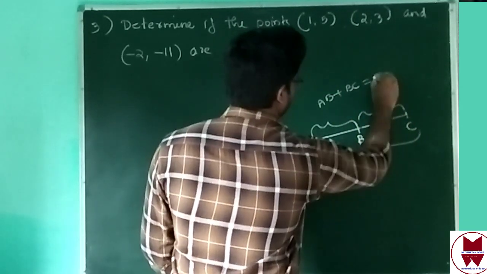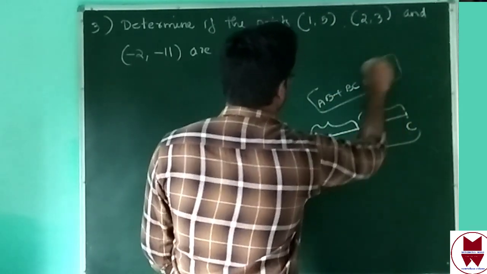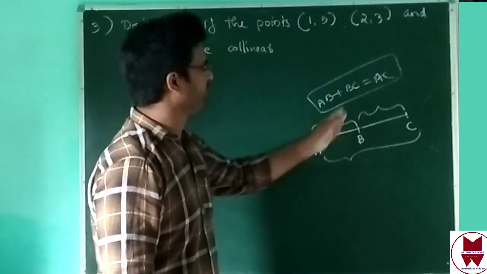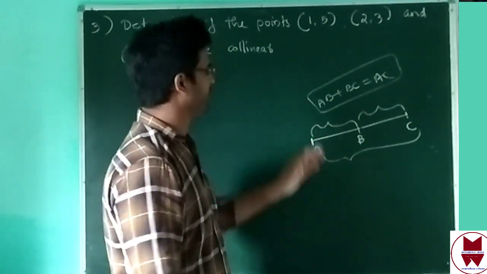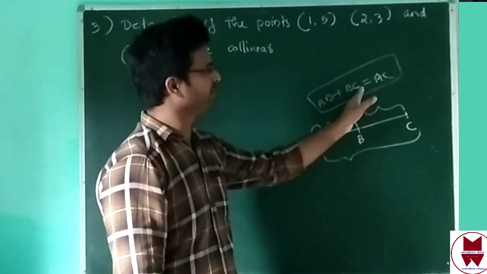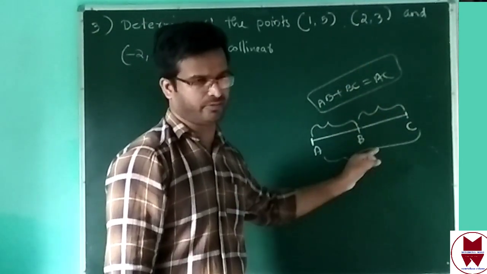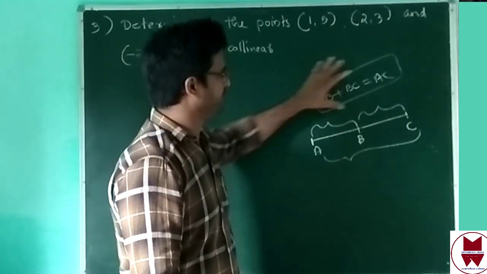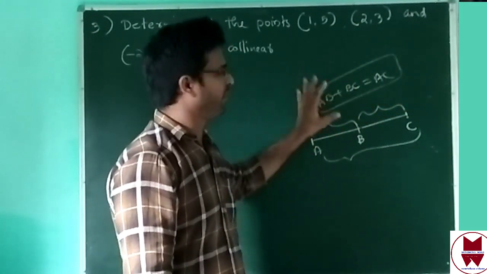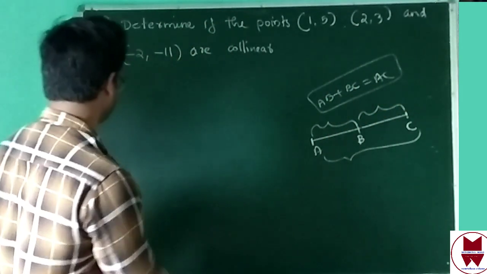You will get the total length AC. If you get AB plus BC equal to AC, the given points are collinear. We have to find AB, then BC, and then AC also. Then check whether this condition is satisfied or not. If this condition is satisfied, the points are collinear.